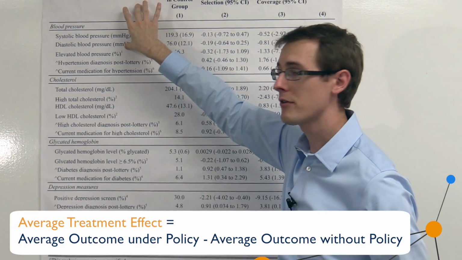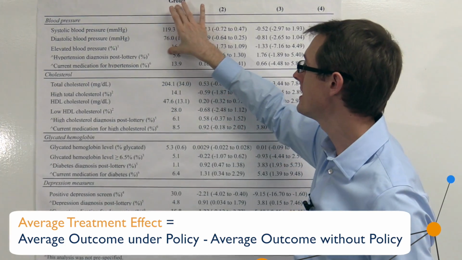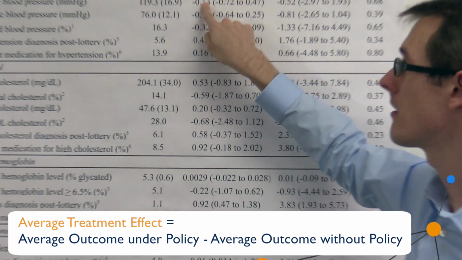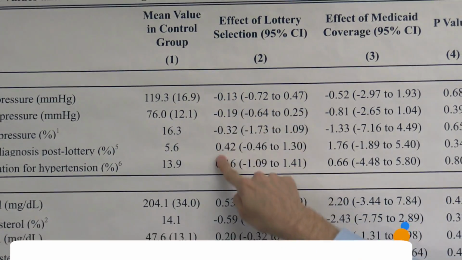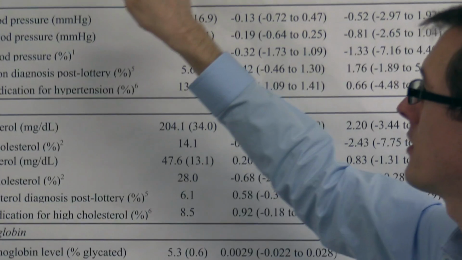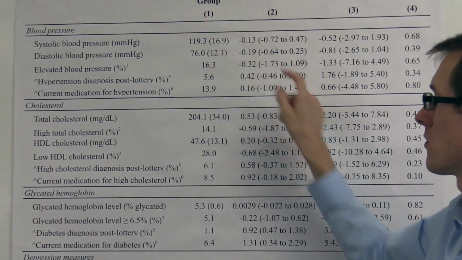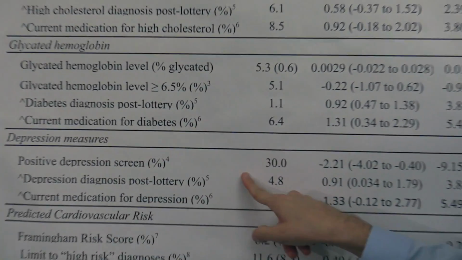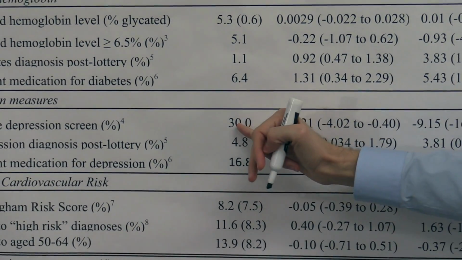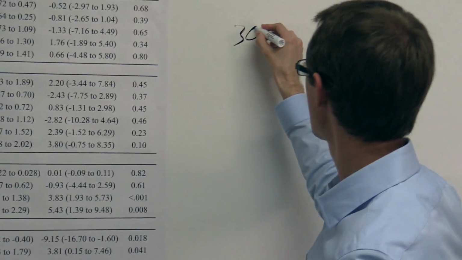which is taking the average value in the treatment group minus the average value in the control group, and then that gives us this column here, column 2. Okay, so these numbers here are all differences between the average value in the treatment group and the control group. So for example, for positive depression screen, we have an average value of 30 in the control group, okay, 30.